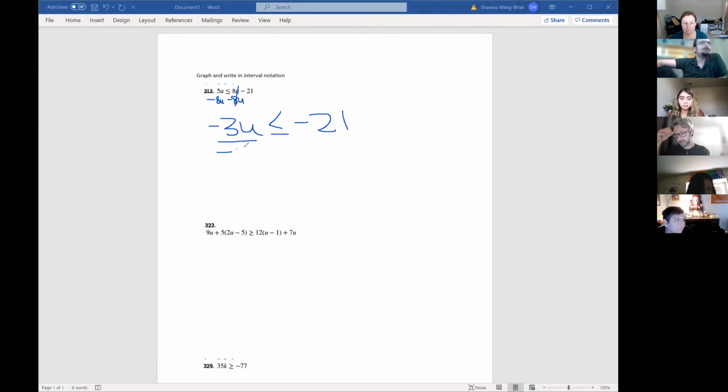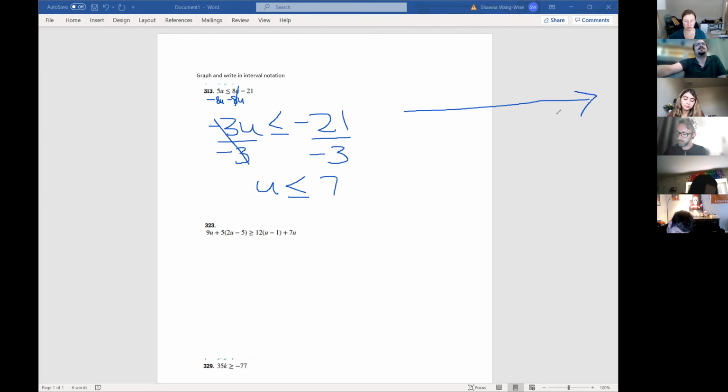Dividing by -3, yep. I get 7 from that, but let me know if you get something different. Checks out.